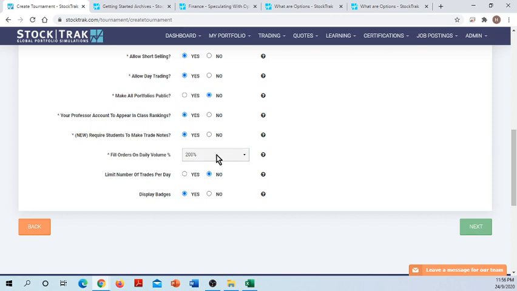Now, this option here is related to whether or not you want to restrict your students from entering into instruments that are thinly or not actively traded. It happened to me that sometimes students want to place an order on instruments that are thinly traded, or the volume is almost zero.